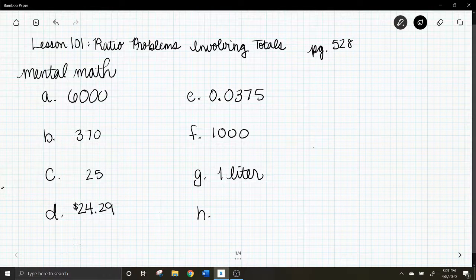Find the square root times 5 plus 1. Find the square root times 3 plus 2 divided by 2. And the answer to that one is 10. All right. Good job on the mental math.